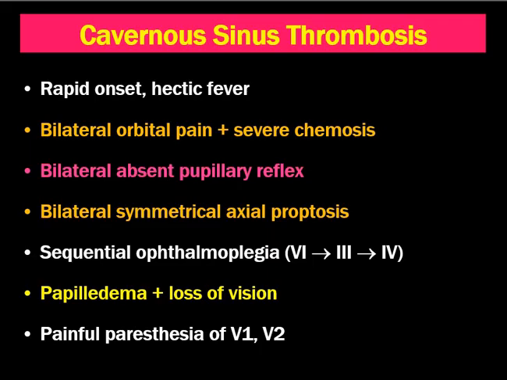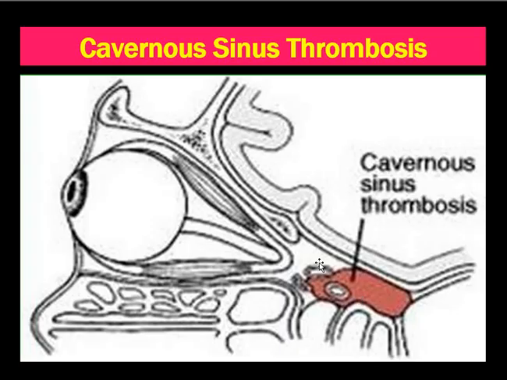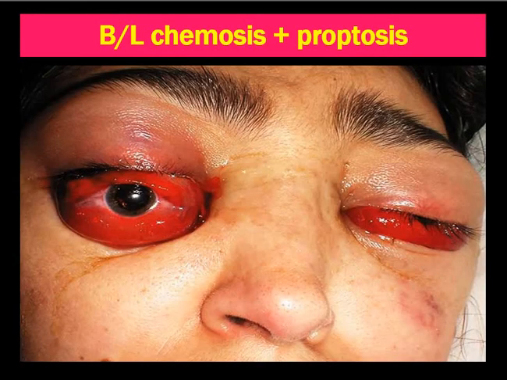The patient may have papilledema and loss of vision, and painful paresthesia of the B1 segment of the 5th nerve. This is the cavernous sinus. We can see bilateral chemosis and proptosis, more on the right side here.